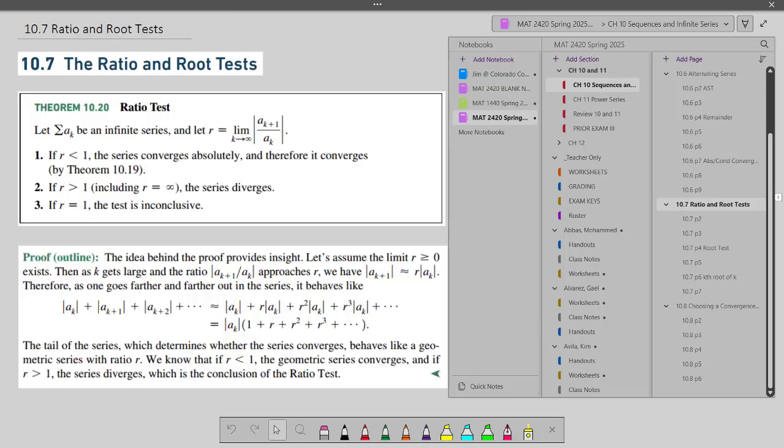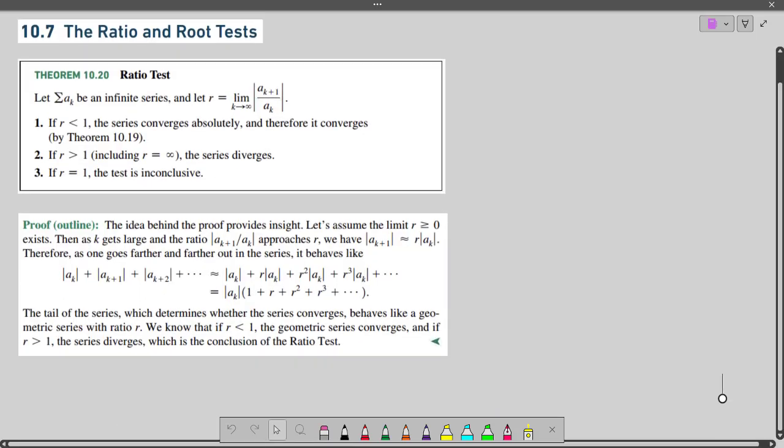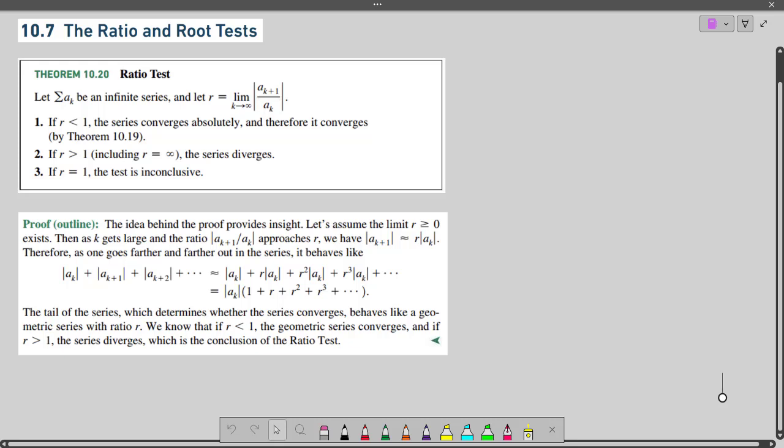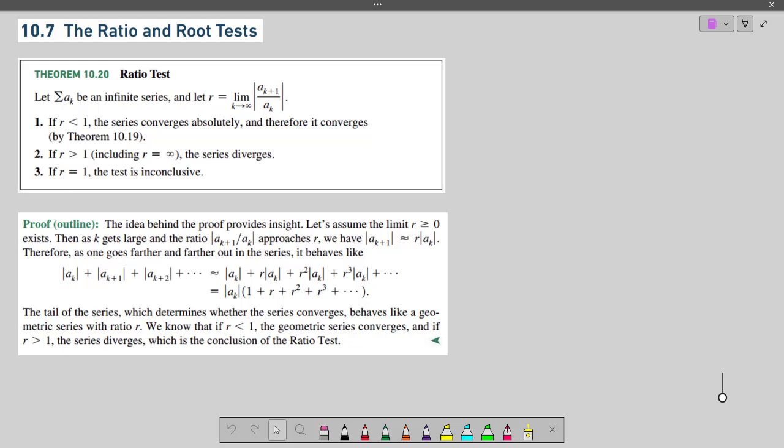All right, now we have 2 more tests. The root and the ratio test. Now, the ratio test, of all the tests that we have had so far, is going to be the most prolific going forward.